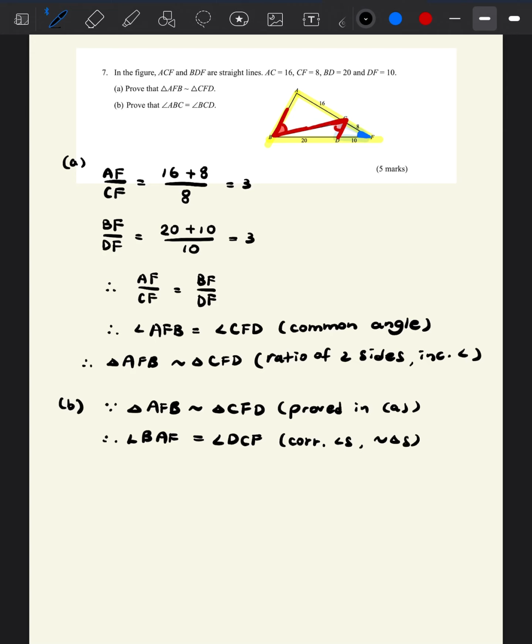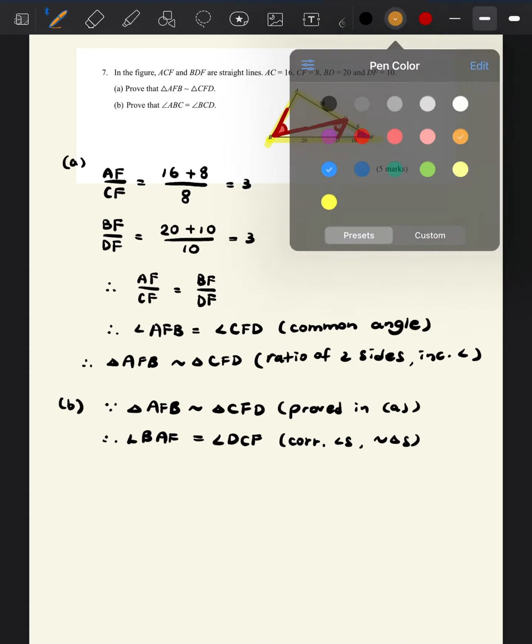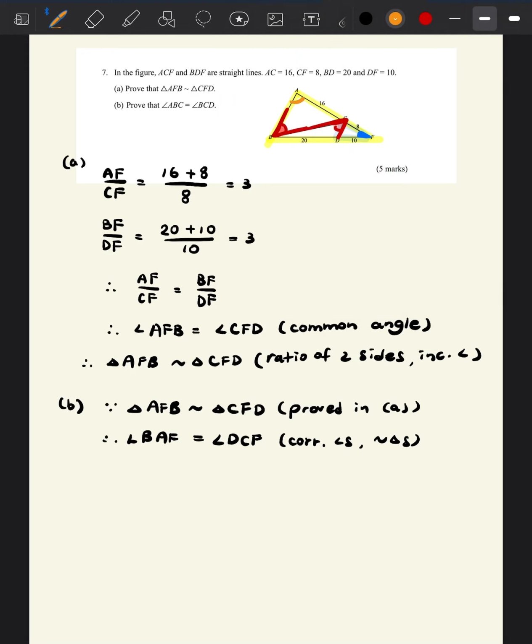If BAF is equal to DCF, look at it, what do you see? Something you learned previously, corresponding angles equal. So therefore, you can now say AB is parallel to CD due to corresponding angles equal.